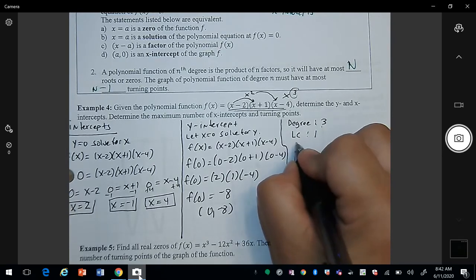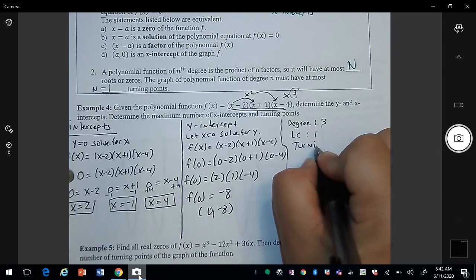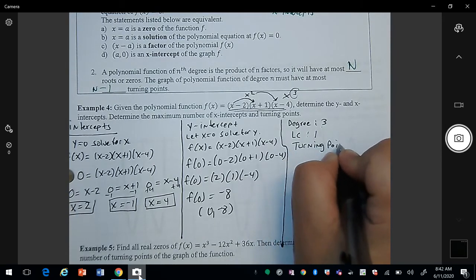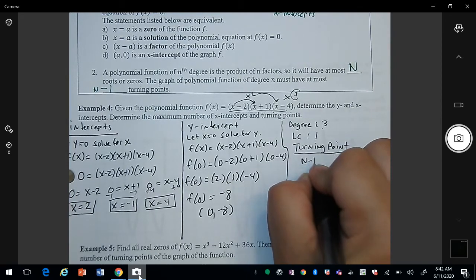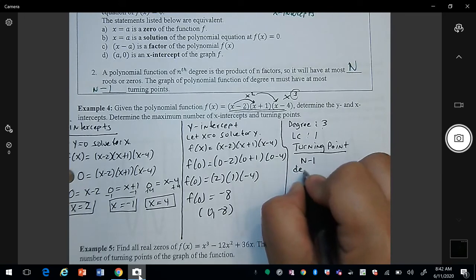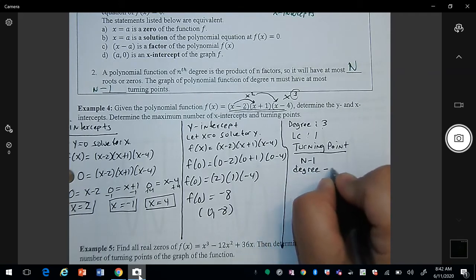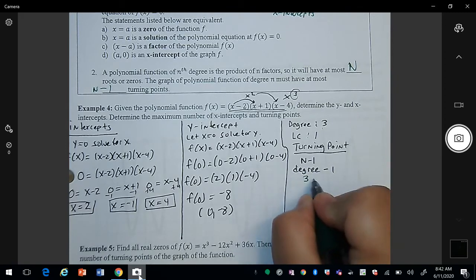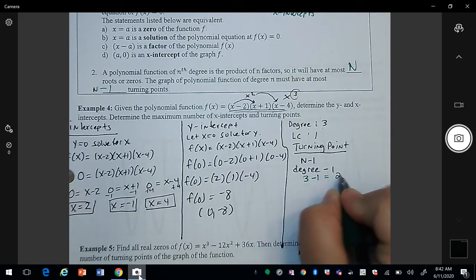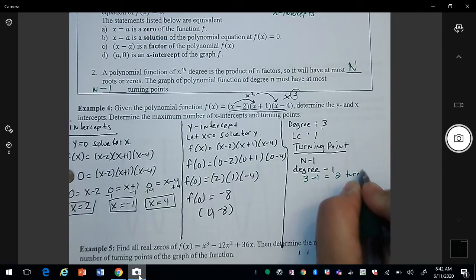Our turning points are found by using n minus 1, where n is the degree. In this case, our degree is 3, so 3 minus 1 is 2 turning points.